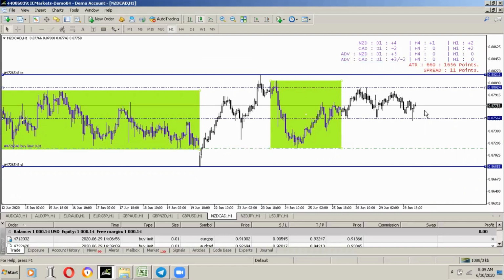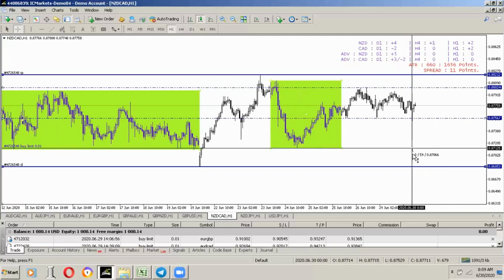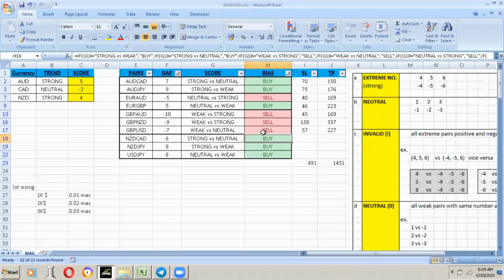So I'll wait for any pullback near this area here. And then that will be around 27 stop loss and 107.